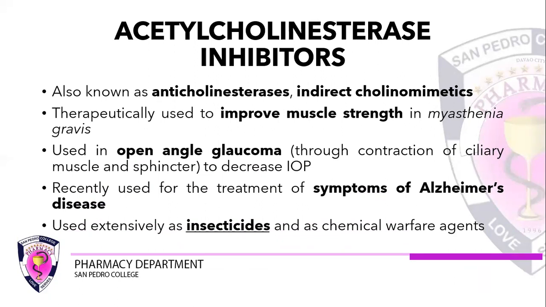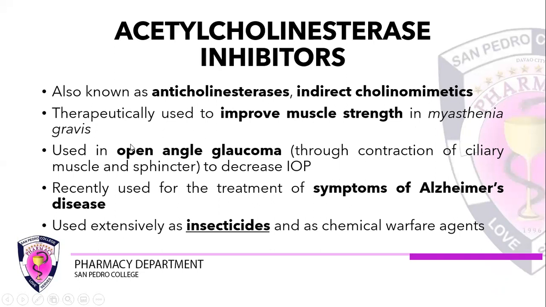Next, by the way, myasthenia gravis is an autoimmune disorder wherein it results in muscular weakness because of the lack of acetylcholine. So we have acetylcholinesterase inhibitors.